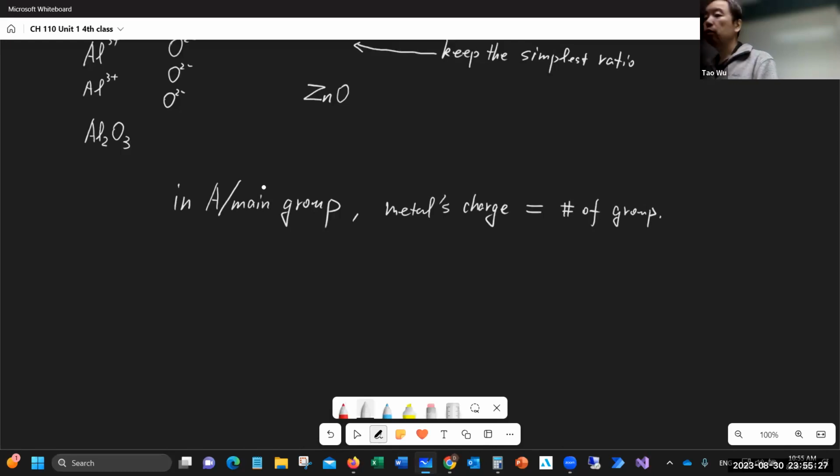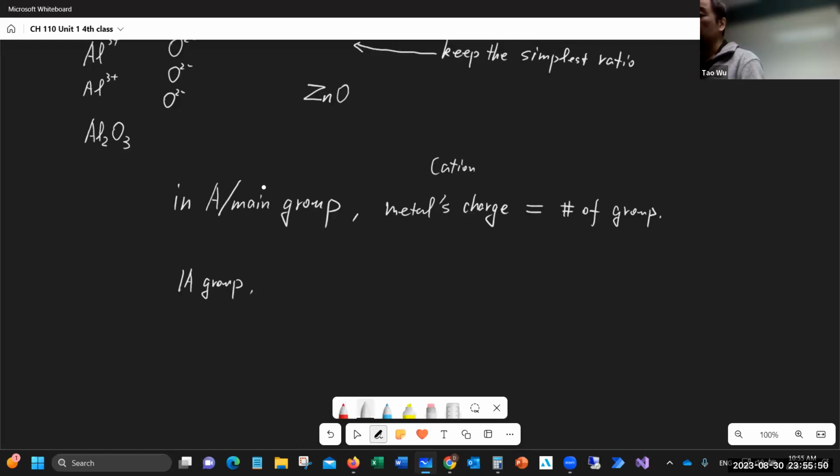Okay, so 1A group, those metals should have one positive charge, right? The metal always is a cation. The charge will be the number of the group.